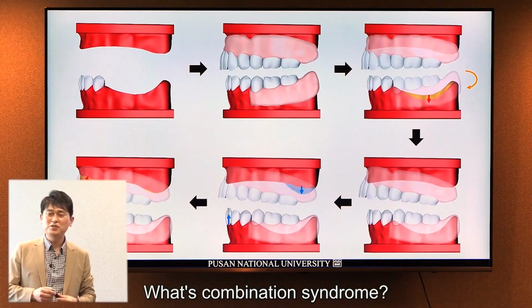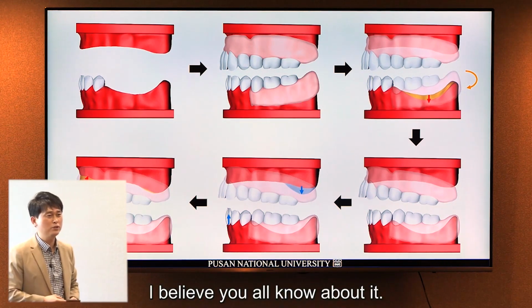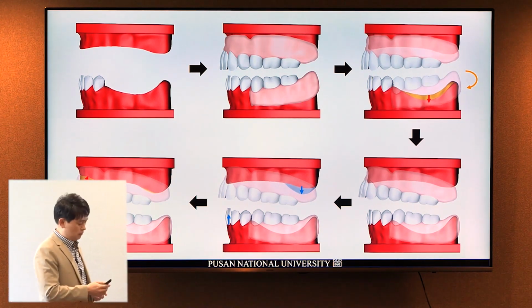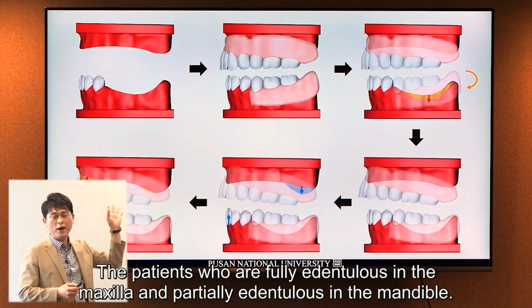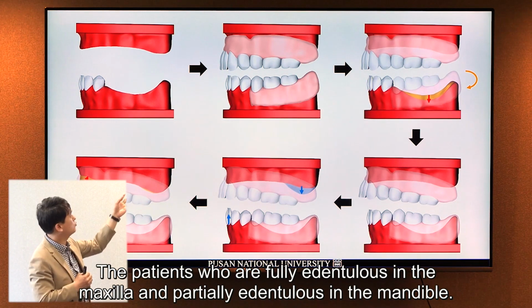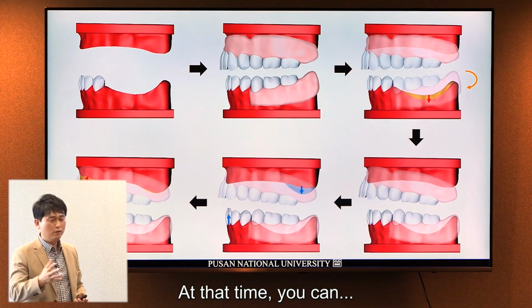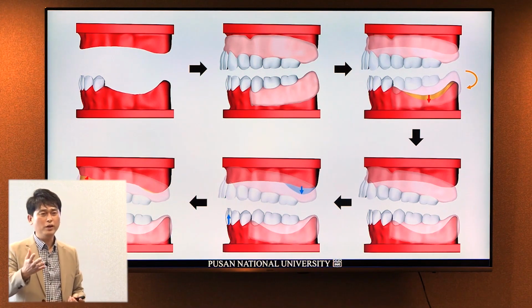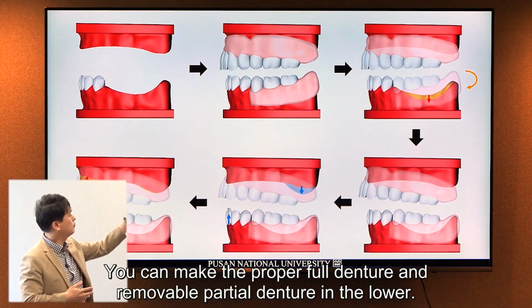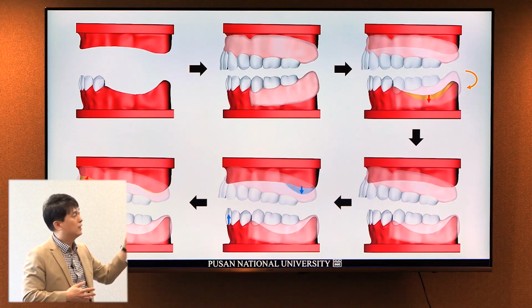So what's the combination syndrome? I believe you all know about combination syndrome. The patient has edentulous maxilla and partial edentulous mandible, and you make a proper full denture and removable partial denture in the lower.